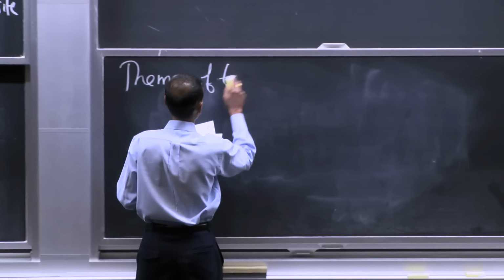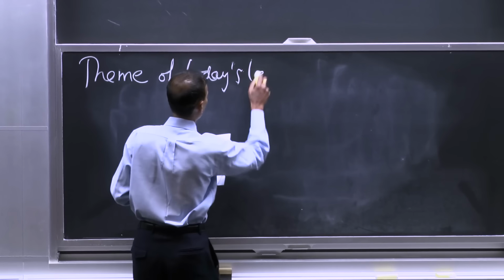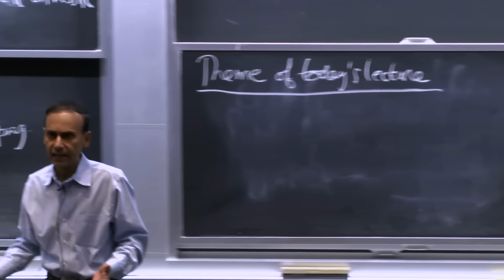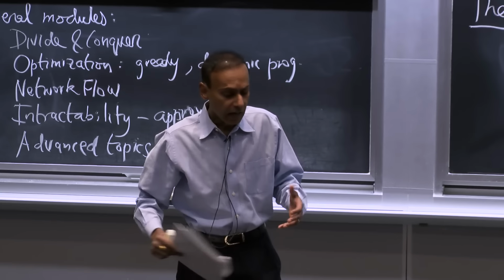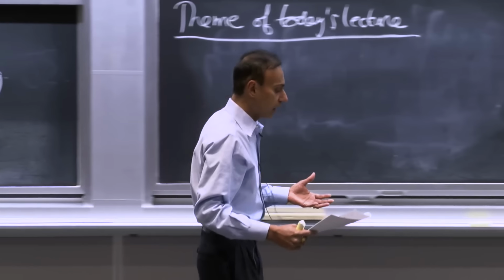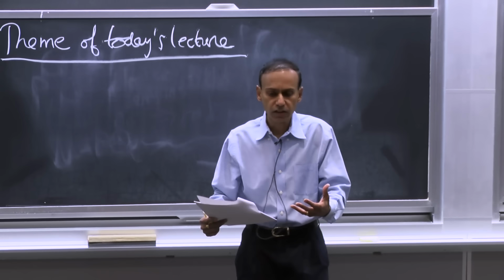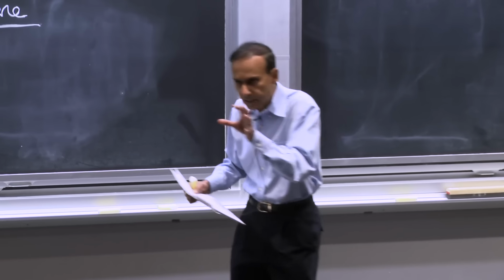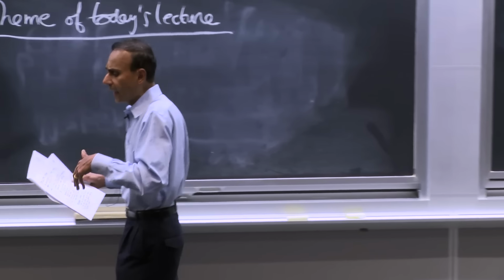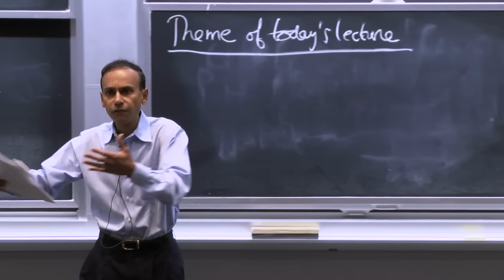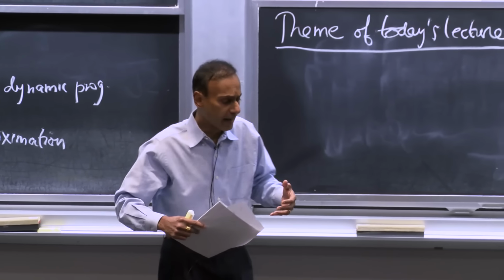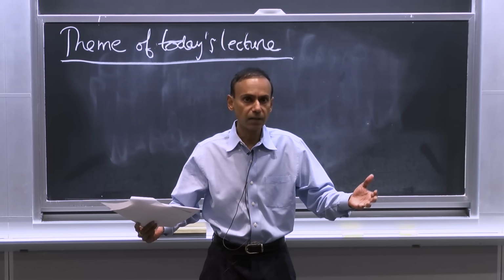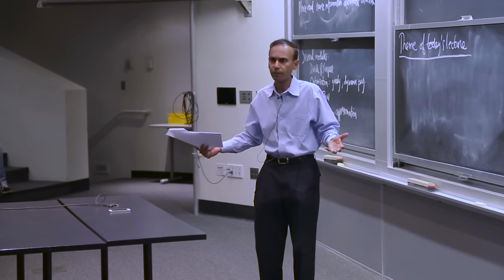And here's the theme of today's lecture. I talked a bit about tractability and intractability, and what is fascinating about algorithms is that you might see a problem that has a fairly obvious polynomial time solution or a linear time solution. Then you change it ever so slightly, and the linear time algorithm doesn't work. Maybe you can find a cubic algorithm, and then you change it a little more, and you end up with something that you can't find a polynomial time algorithm for.